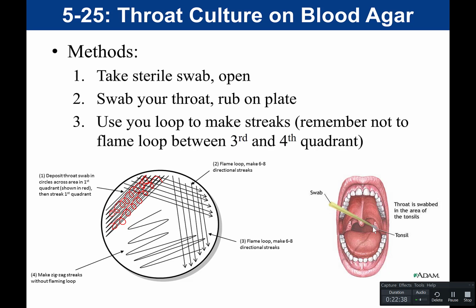If you don't have tonsils, I don't have tonsils, you would just swab where the tonsils should be. And you would want to avoid this little thing that hangs down, the uvula, so that you're swabbing the back of the throat. And so let's look at types of hemolysis that you might see on a blood agar.